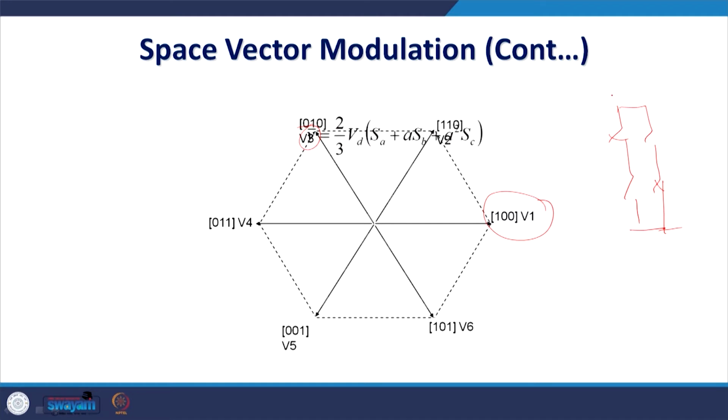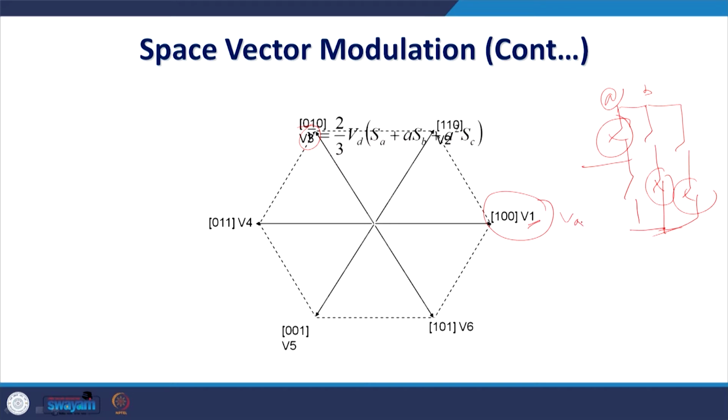Let us say this is A, this is B and this is C. So only the upper leg of A is closed along with the lower legs of the other two. Ultimately the voltage will be VA, and we will say that it is 101 or VA.